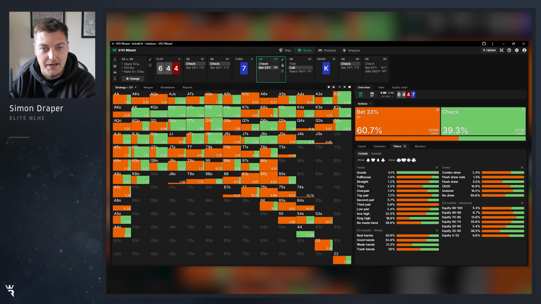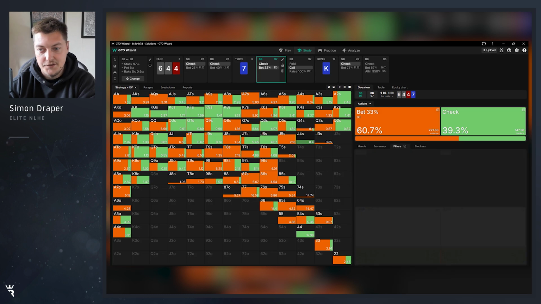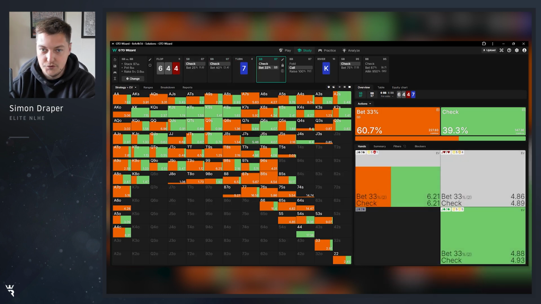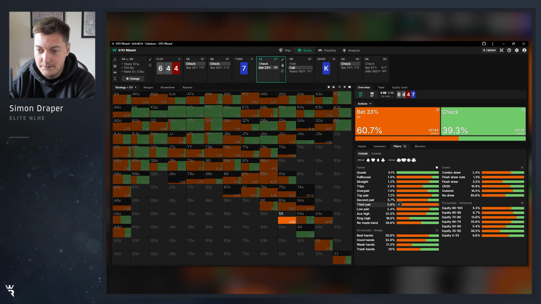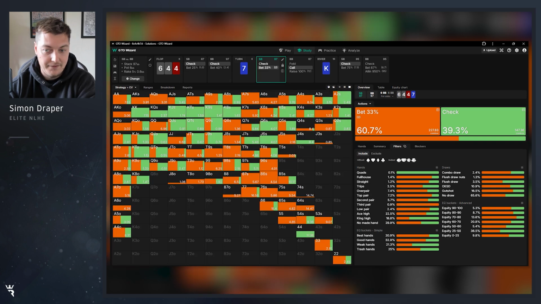Turn comes the 7 and I've given the out of position player the option to play block or check. As you can see on this particular turn, once it does go check, the out of position player gets to be very aggressive. They get to bet pretty much any pair, a lot of ace high and so on for value, protection, and all of that good stuff. And they also get to bluff very wide on this turn.